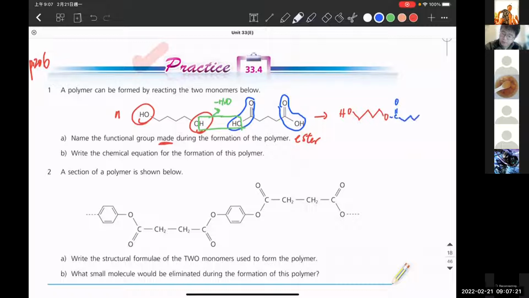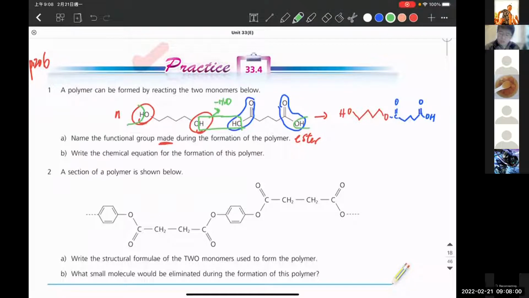So originally it would be this, but you just form only one ester. So what you do next is to think of it this way. Suppose on the left-hand side, for the hydroxy group, this one H will be removed. So think of it for the other ester linkage that will form, the H will be removed. Similarly, for the OH here, it will be removed on the other side when you have a hydroxy group nearby.